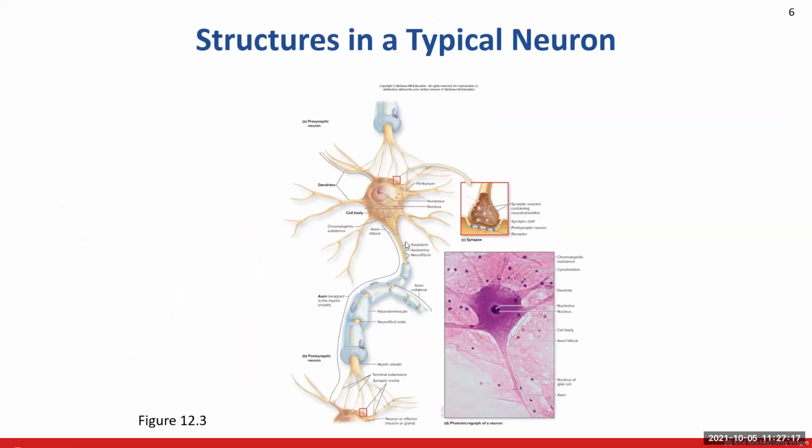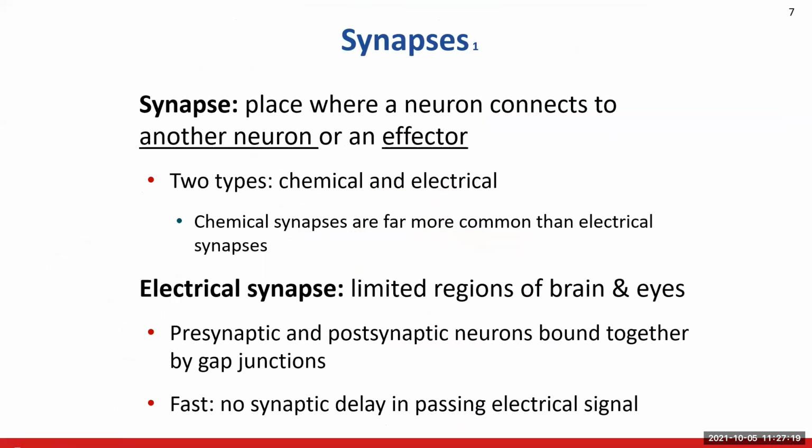The reason I mention that is because that brings up synapses. Synapses are a place or an area where a neuron is going to connect to either another neuron or an effector organ, which, you should know this by now, is a muscle or a gland. I'm going to keep saying that. Hopefully it will permeate into your brains and you'll never forget it.